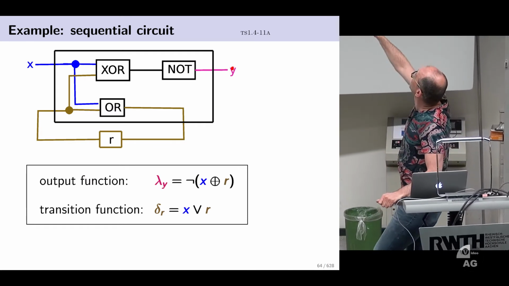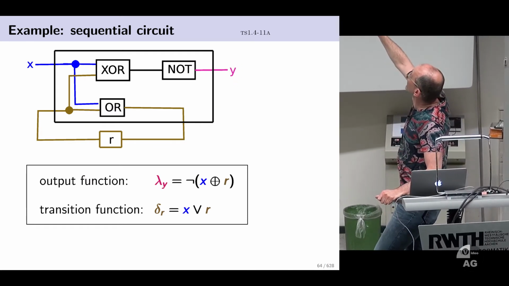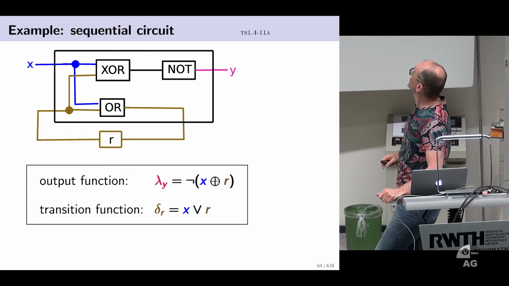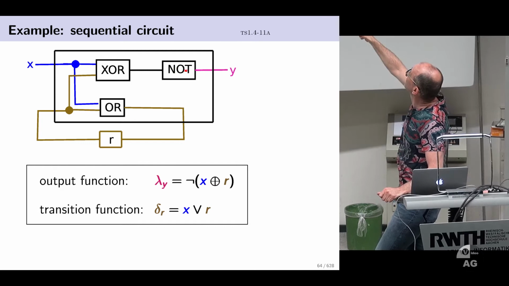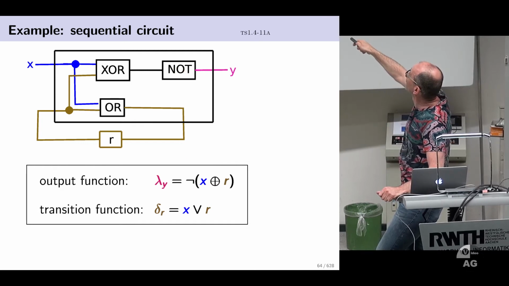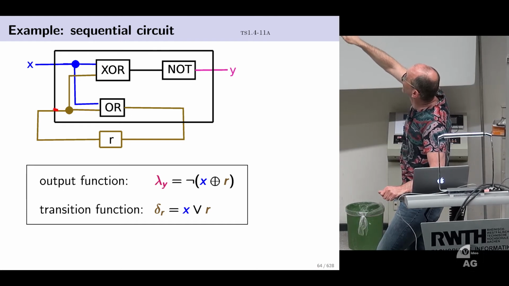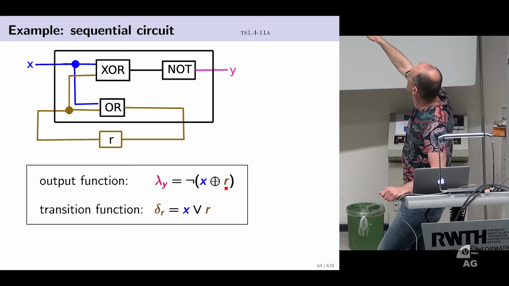The output function tells you for y, so we have only one output function, namely lambda y. What is lambda y? Well, it's the negation, so this is the inverter, of the output of this XOR. This symbol stands for exclusive OR, and the input to the exclusive OR is x and the current value of the register. This brown over here is the current value of the register, that's R.